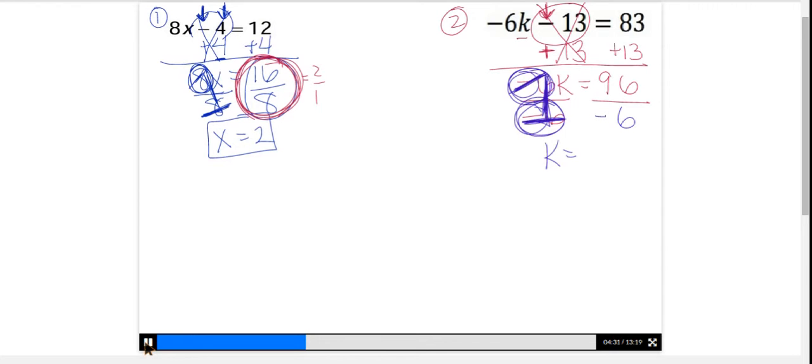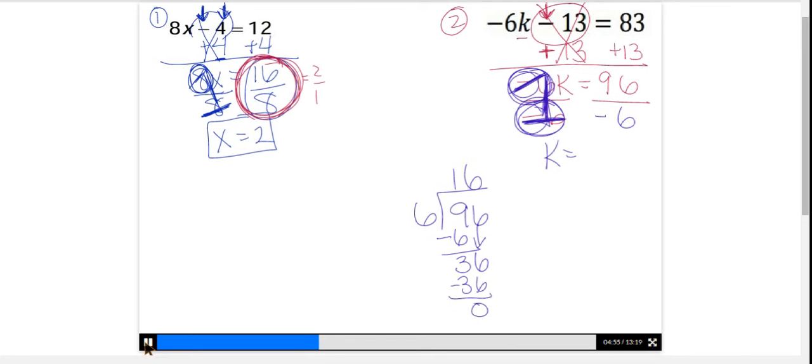So I'm doing 96 divided by negative 6. I don't know what that is. So 96 is my top number. That goes in my house. 6 goes outside. 6 goes into 9 one time. 1 times 6 is 6. So I subtract. 9 minus 6 is 3. Bring down my next 6. 6 goes into 36 6 times. 6 times 6 is 36.